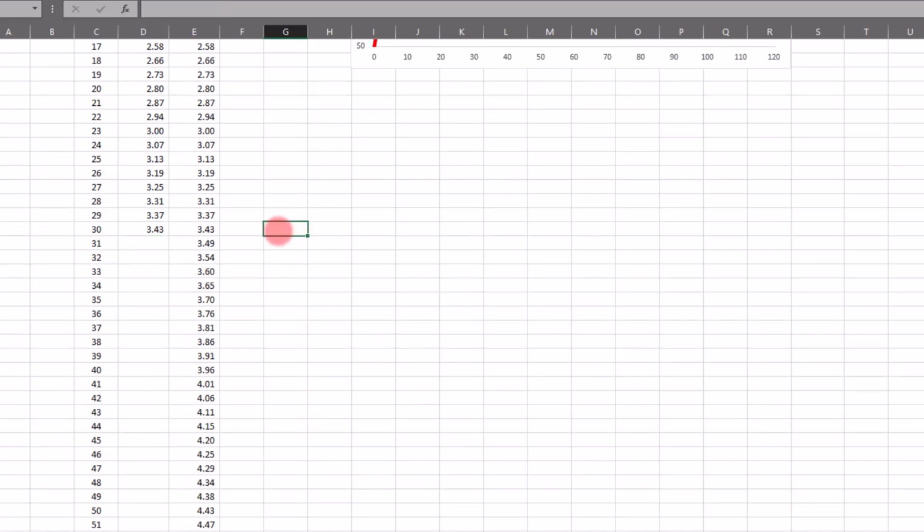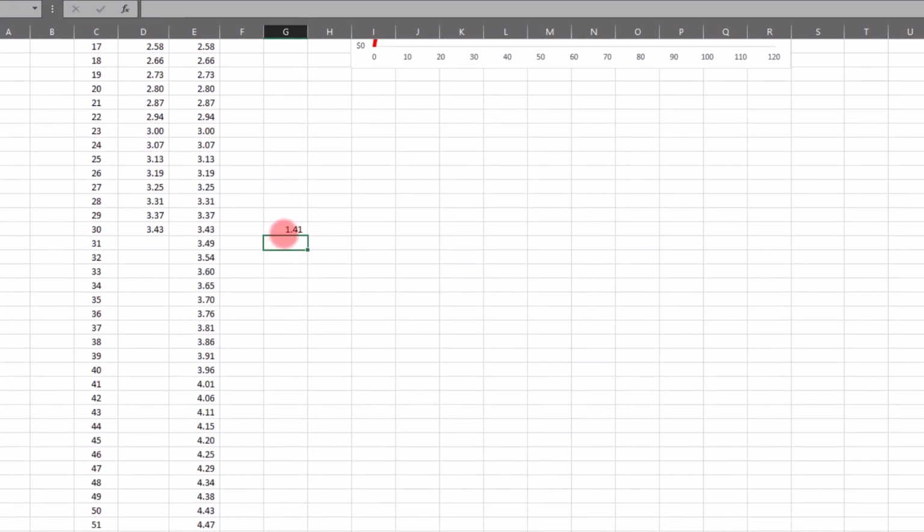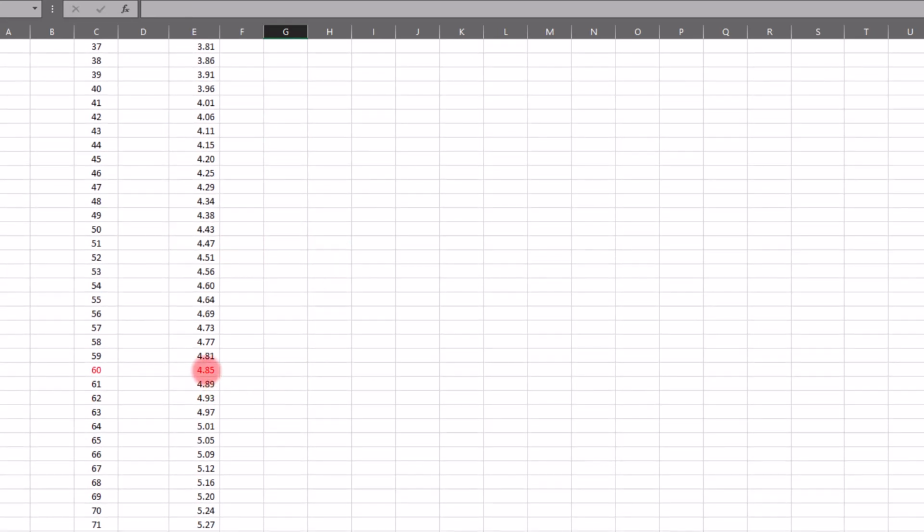Well, we just take the square root of 2, and that's going to come up to be 1.41. So we know that this option down here has to cost 1.41 times this one. So let's try it. This number, 1.41, times this option's price should give us 4.85, and that is exactly what the pricing model says it's worth.